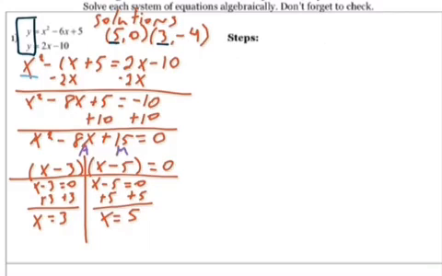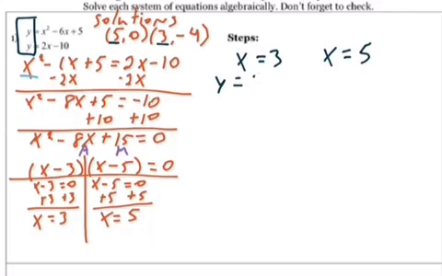You're not done with this question yet until you take and solve for y. In order to solve for y, you need to take and rewrite the values of x first, which is x equals 3 and x equals 5. To solve for y, you're going to take one of the equations.